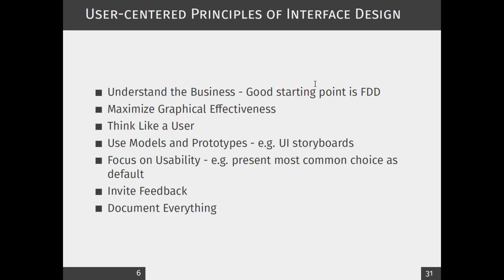You could be a developer, but when you are assigned a project for a business organization, you have to understand the business thoroughly. Without that, you cannot provide a good user interface. So understanding the business is the first thing. A good starting point would be the functional composition diagrams, where we have seen all the functional diagrams that we have learned earlier.